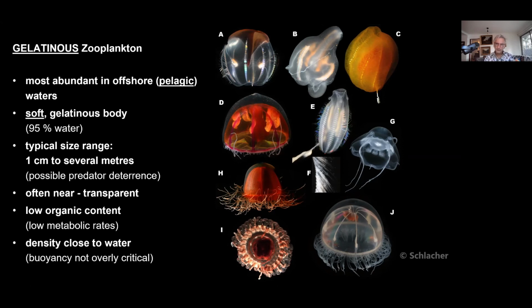And perhaps it is the simplicity of how they're made, being essentially a jelliness, where the gut is in the middle, and then you have a few tentacles to capture stuff, which may be key to the success.